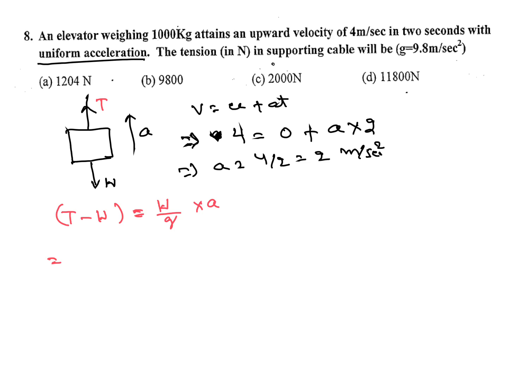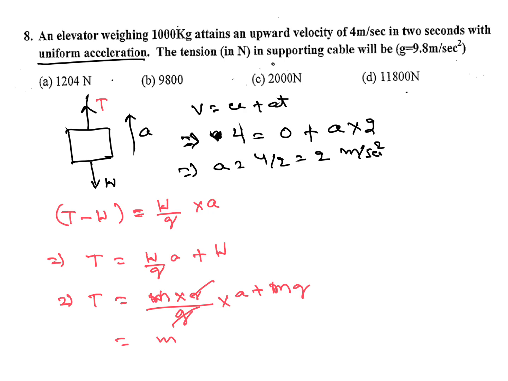We have to calculate the tension: T equals W by g a plus W. Taking W common, or writing W as mass into g, T equals m a plus m g; take mass common, a plus g.